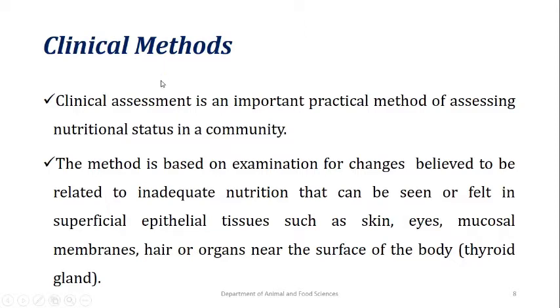What we do is we just observe the individual carefully with reference to some clinical signs that are known to be related to inadequate nutrition or malnutrition. In this part, I will explain quite a few common clinical signs in malnutrition.